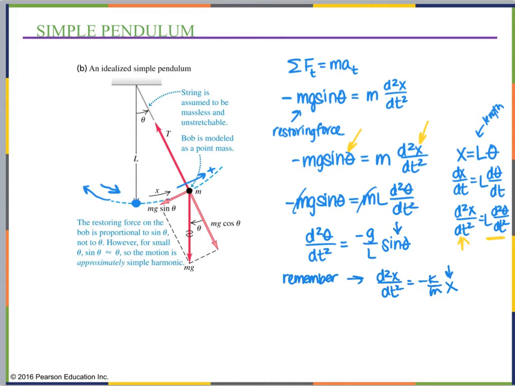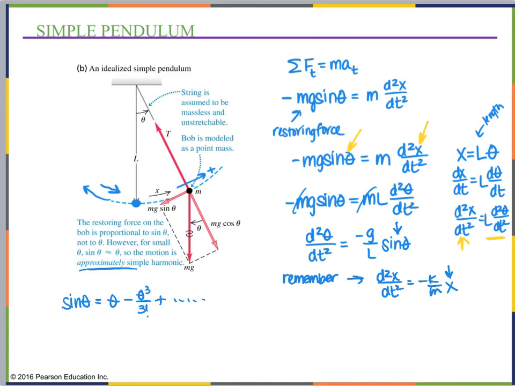And this is where we come up with the small angle approximation. You might remember at some point in calculus, they talked about the series expansion for the sine function and the cosine function, where you could write this as a series of powers of theta.